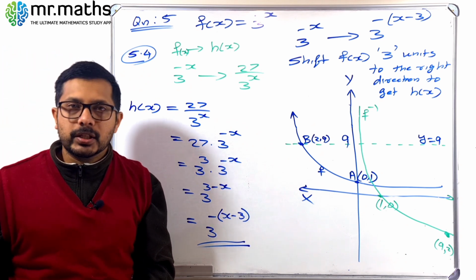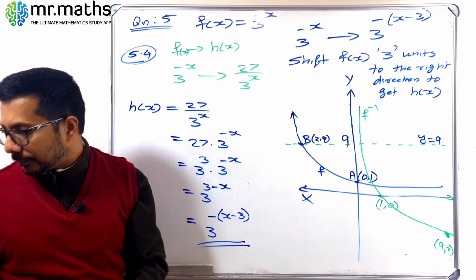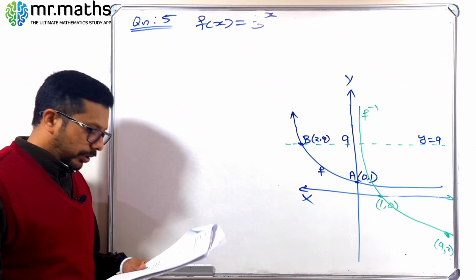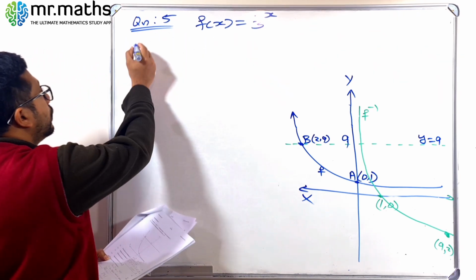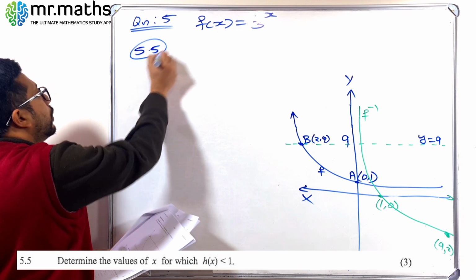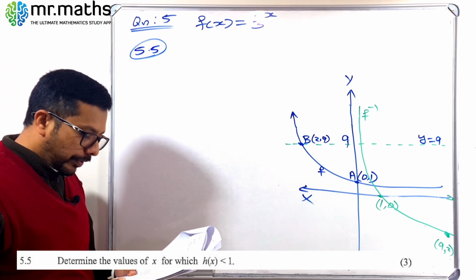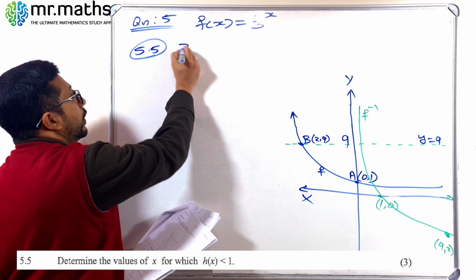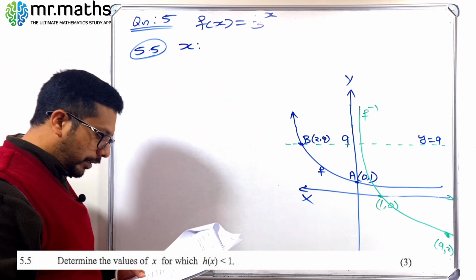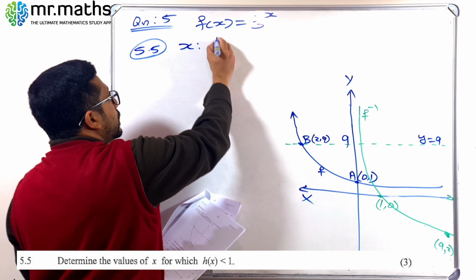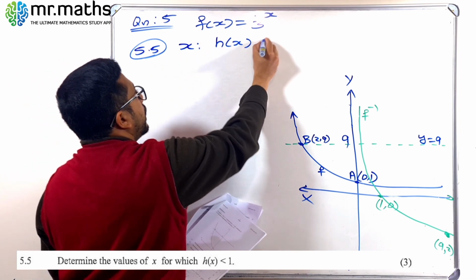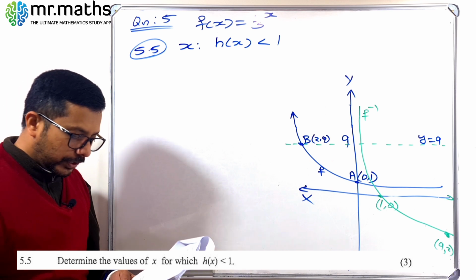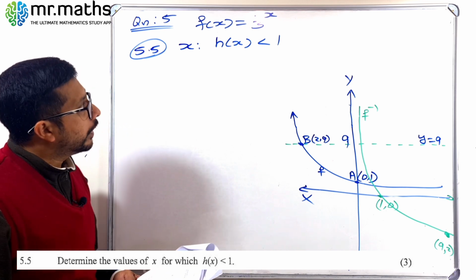Now let's go to the next question, 5.5. What is that question? Determine the values of x. You have to find the values of x where h of x is less than 1.